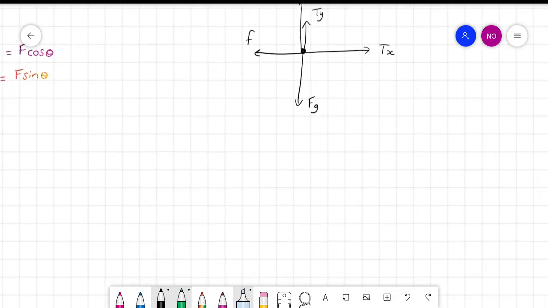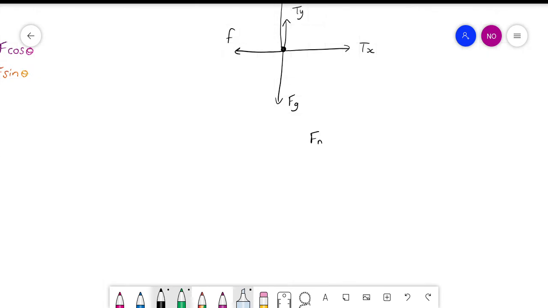Onthou, dink prakties oor hierdie goeders, want dan as jy by jou antwoord uitkom, kan jy kyk, maak my antwoord sin. Okay, so I still have F net is equal to m times a, but this time, remember, F net is the sum of all the vectors. So in other words, it's going to be Tx minus f. Hoekom? Want ons het nou regs gekies as positief en wrywing is in die teenoorgestelde rigting. So die massa is 30, versnelling wat ons wil uitwerk. Hierheen het ons nou al gesê is 150 cos 15 grade.